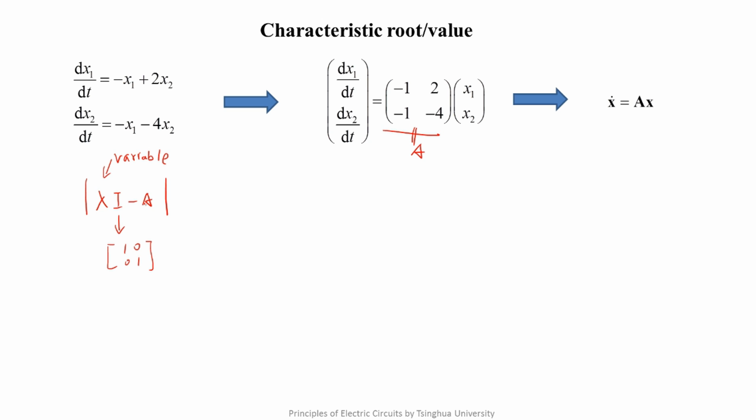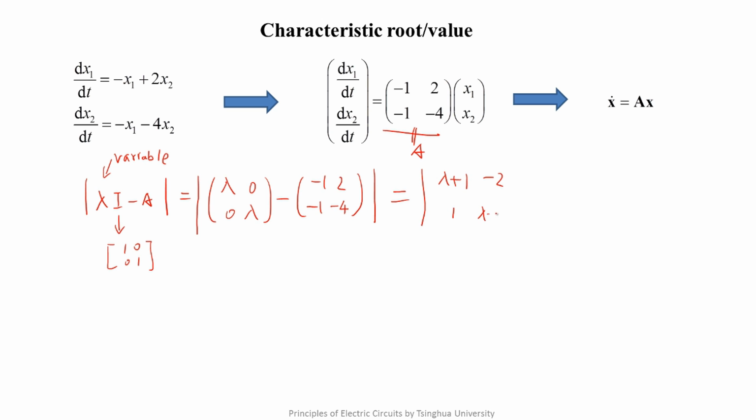Lambda times I minus A is a matrix. It equals this. According to the definition of the determinant, it equals this.